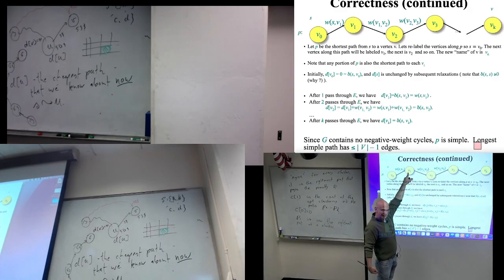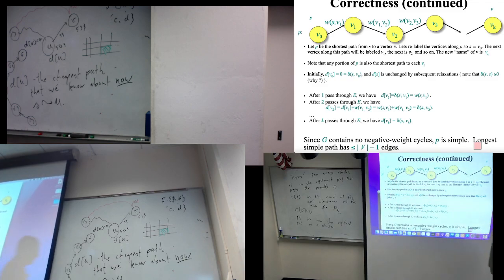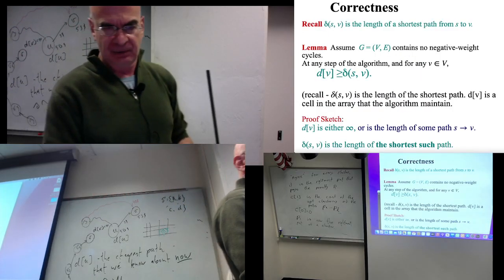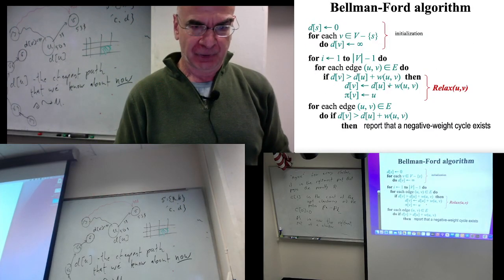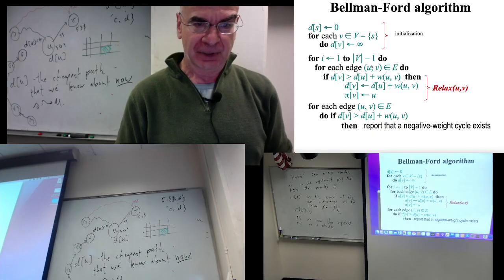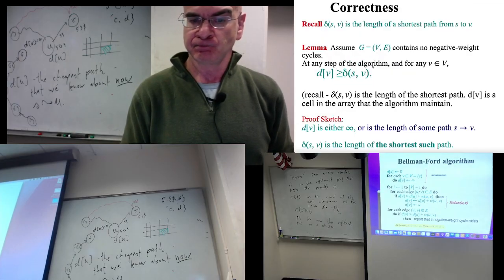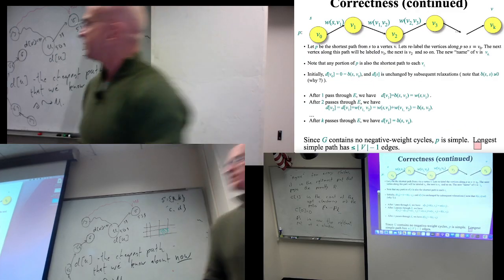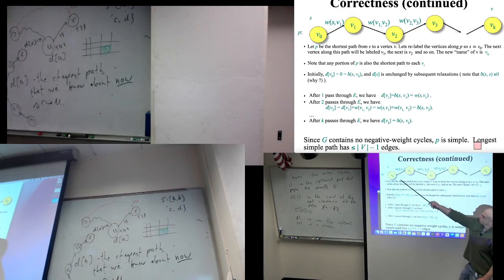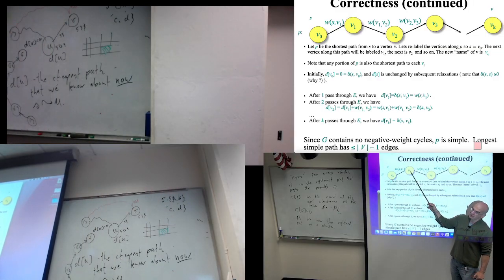It cannot be larger than the weight from S to V1 once I relax this edge. Once Bellman-Ford got to this point, I'll consider the edge UV. At some point, it considered this edge. And what do I know about V1?